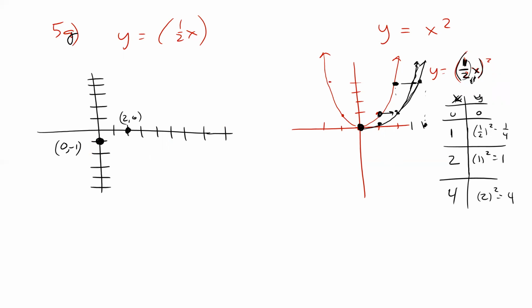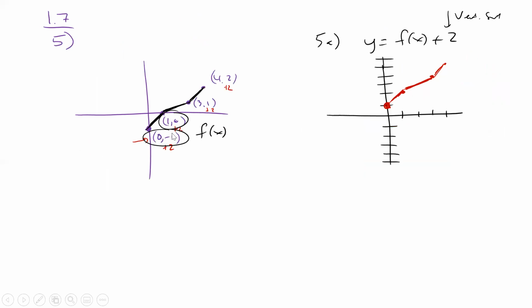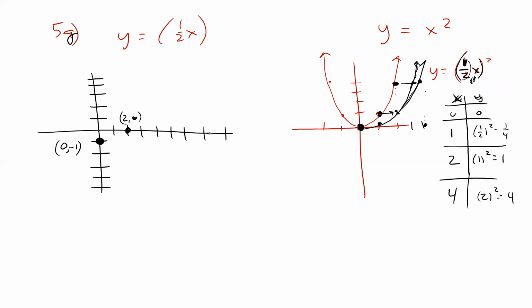Okay, we good there? And at 3, 1, now we're at 6, 1, right? Because everything is 3, 4, 5, 6. Now we're at 6, 1 here.